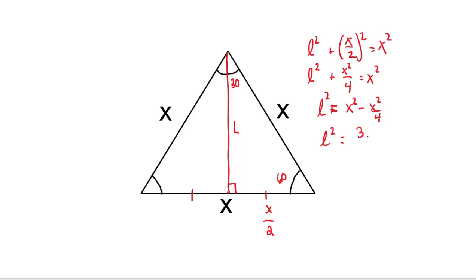Well, that's 3/4 x squared, and then I square root everything. So L is equal to, I can square root the 3, I square root the 4, that's 2, I square root x squared, and that's x. So this third side is root 3 over 2 x.